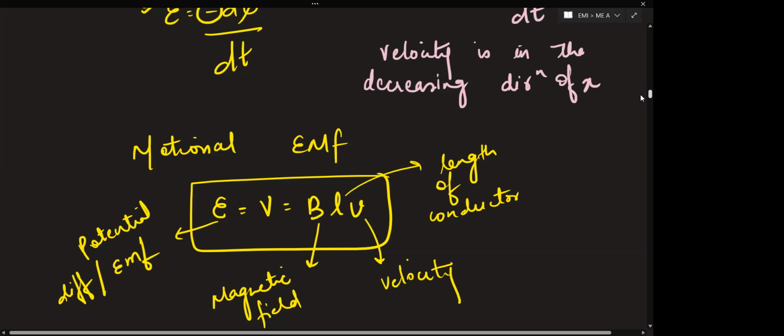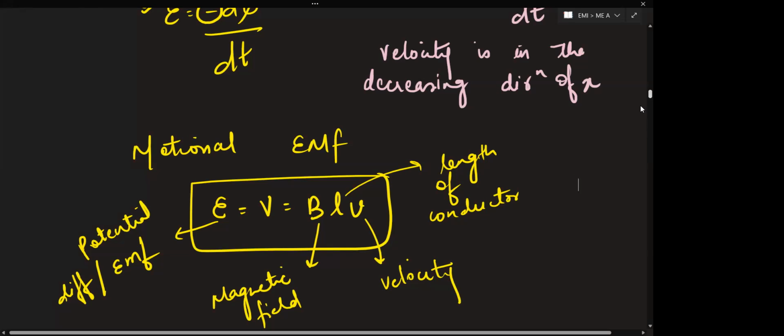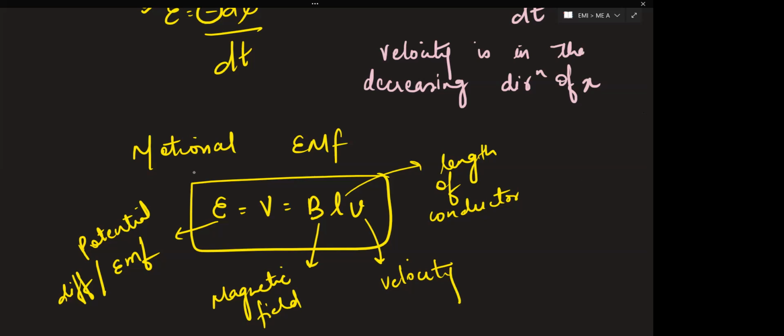Ma'am, is the V after the first equality sign velocity? The V in BLV is the velocity, and the first V is the potential, the EMF or the potential.